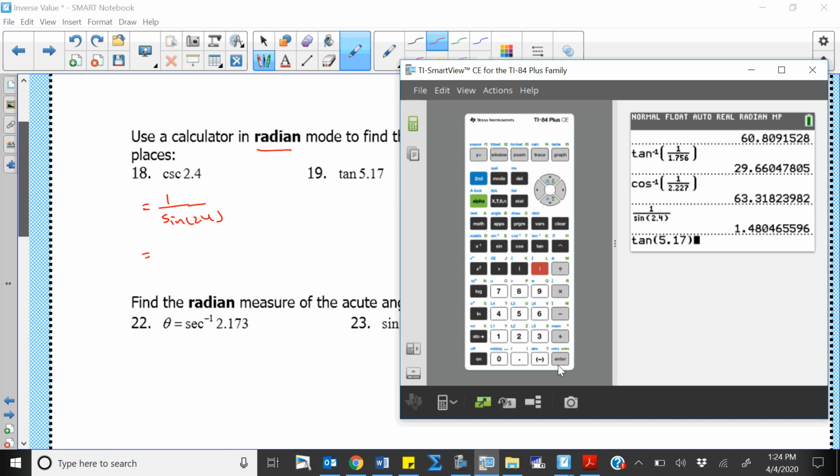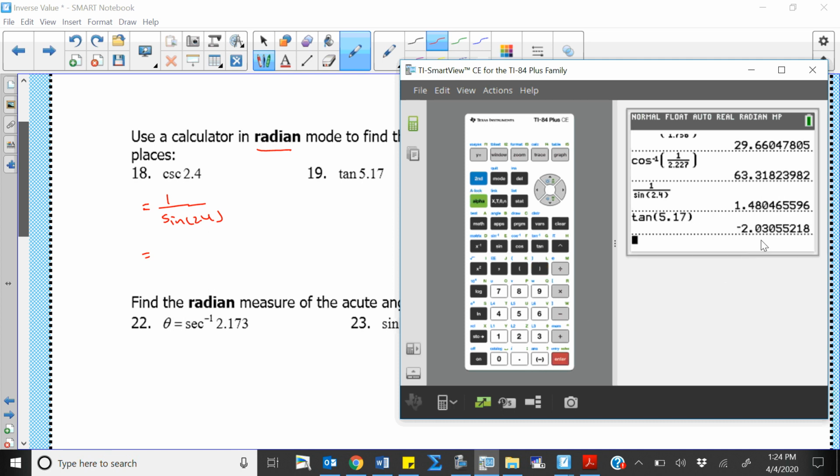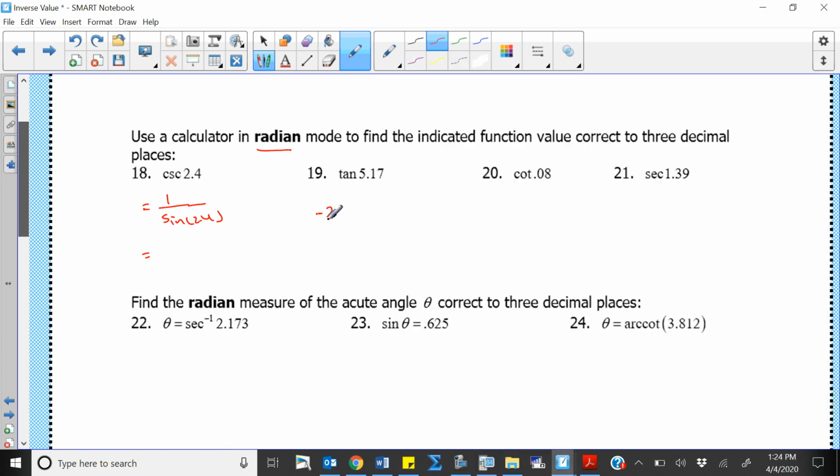It's the same thing that we did before, except that now the answer is in radian mode. So this is negative 2.0355. So I round it. It will be negative 2.031. And this is in radians.